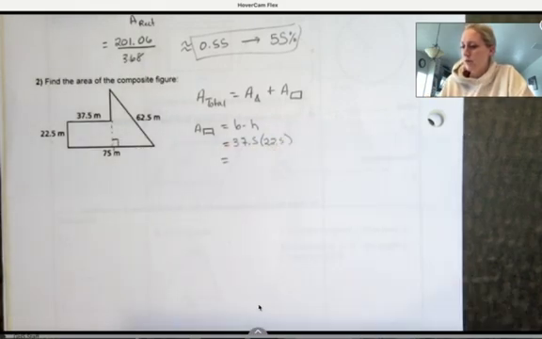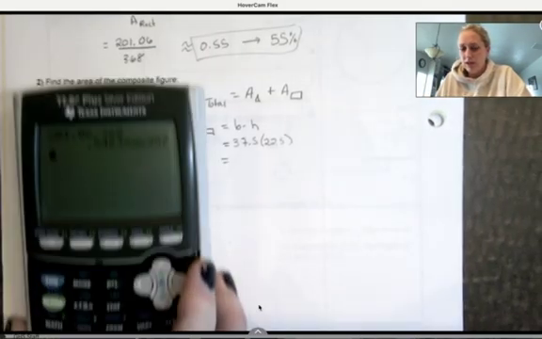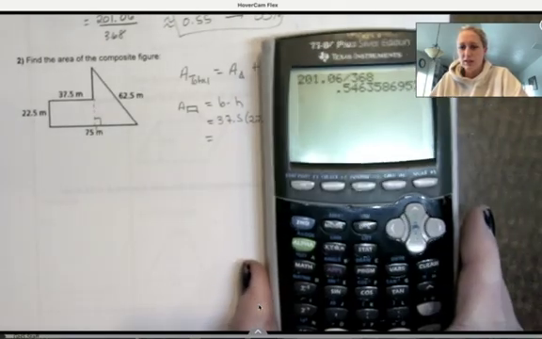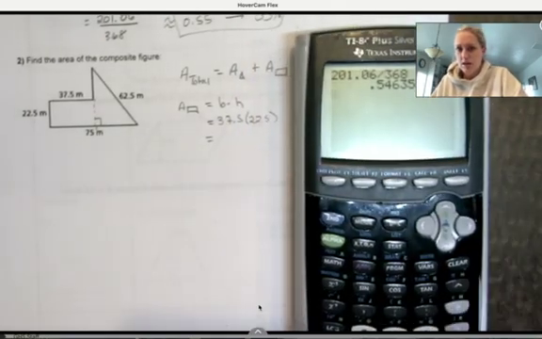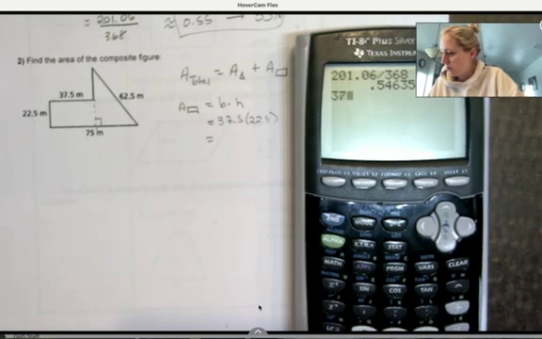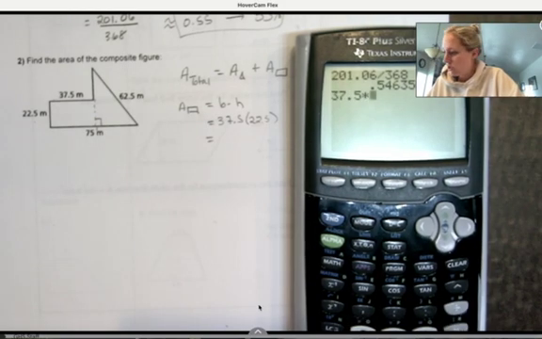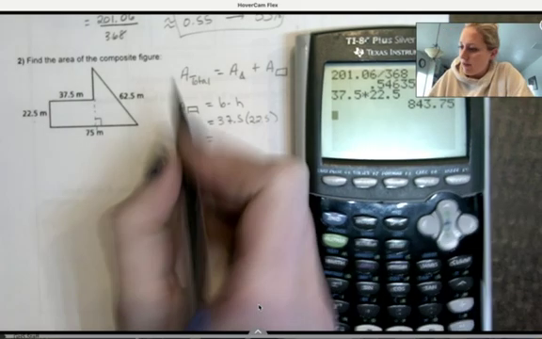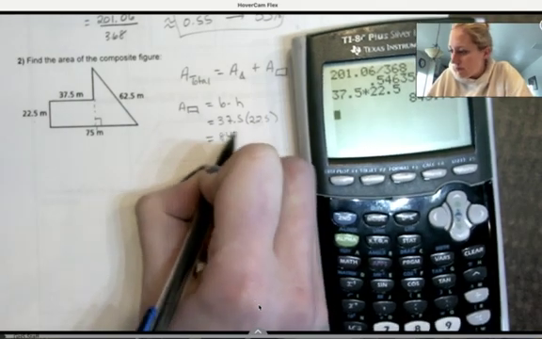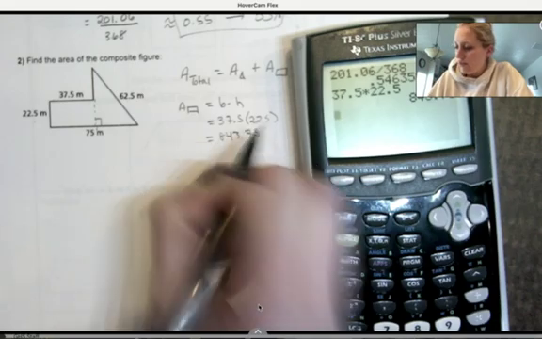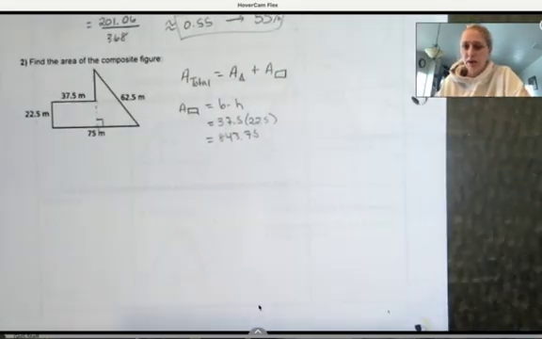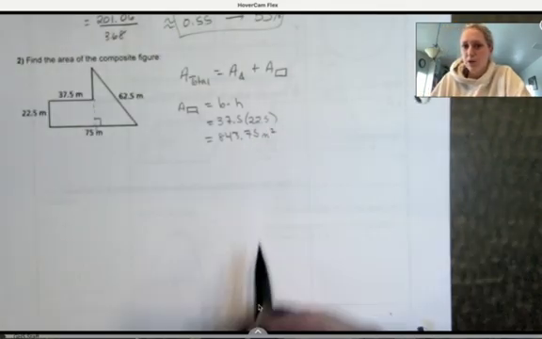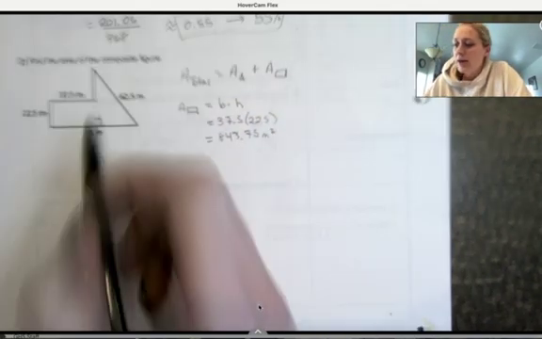So when I multiply those two numbers, there we go, we have 37.5 times 22.5, 843.75. All right, so that is the area of the rectangle. This one's in meters, so square meters. Okay, now area of the triangle.